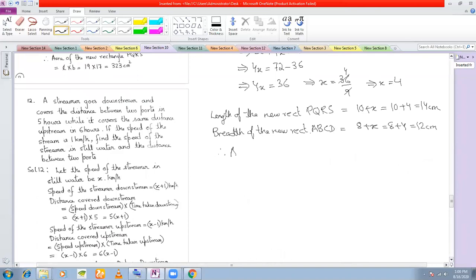Therefore, area of the new rectangle PQRS is length into breadth. What is the length? Length we have found to be 14. And what is the breadth? 12. So 14 times 12 is 140 plus 28, 168 centimeter square. Any questions?